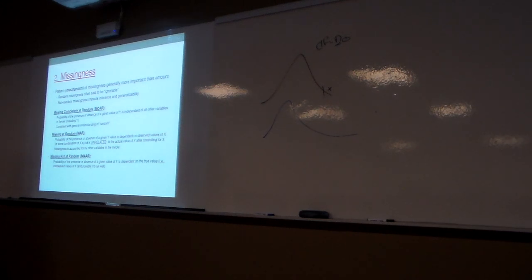So if my blood pressure is missing because my equipment is old and it drops out at systematically higher or lower blood pressure ratings, then for a number of cases in my set, I'm missing blood pressure, but the missingness is because of something systematic in my equipment. So if I have very high blood pressure, it's missing, or if I have very low blood pressure, it's missing.